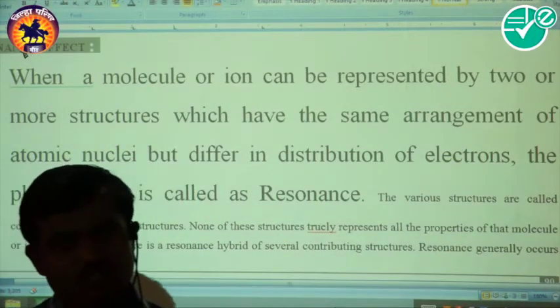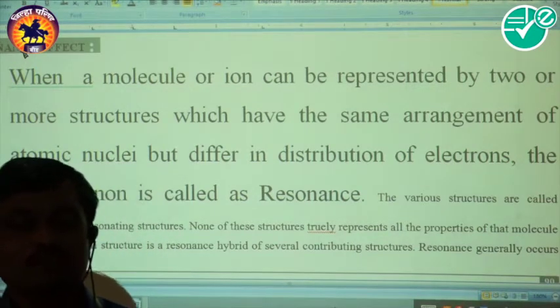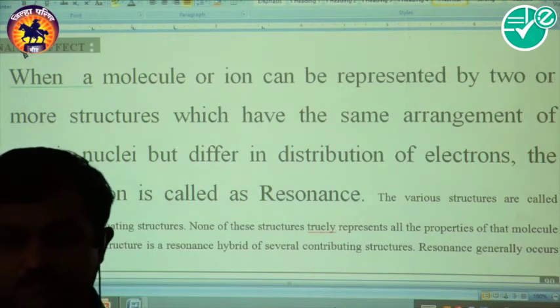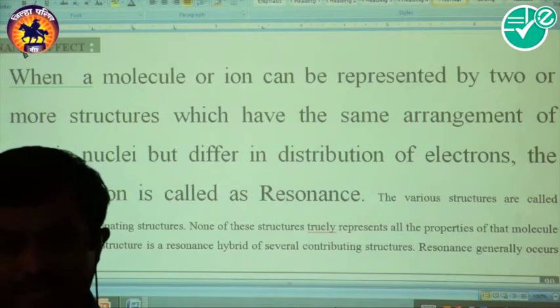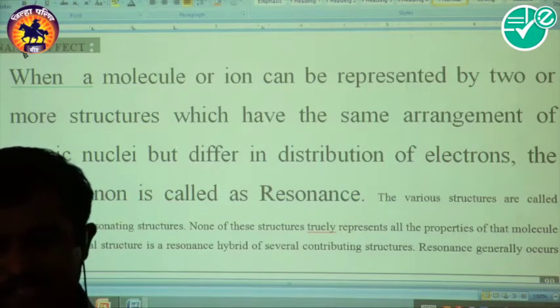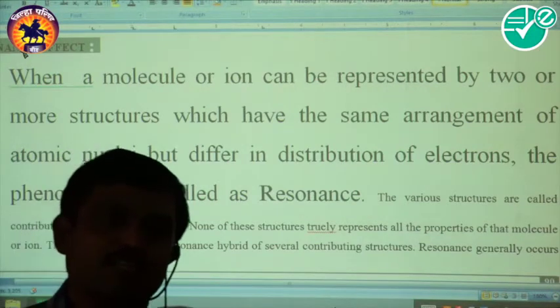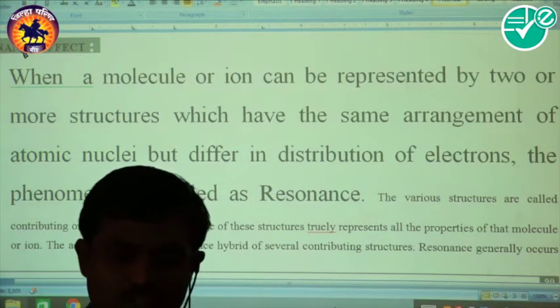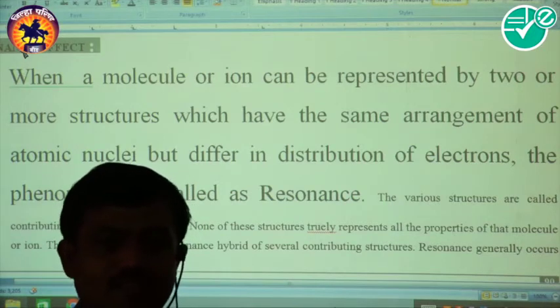So if you consider the resonance effect, it is observed due to the delocalization of the electrons. Generally, delocalization of the pi electron takes place, and because of it we get two or more structures which have the same property.